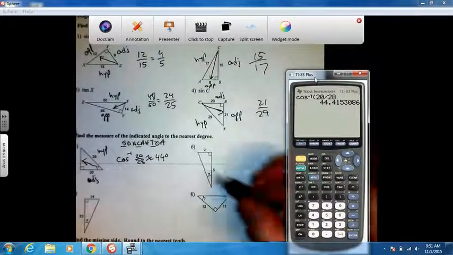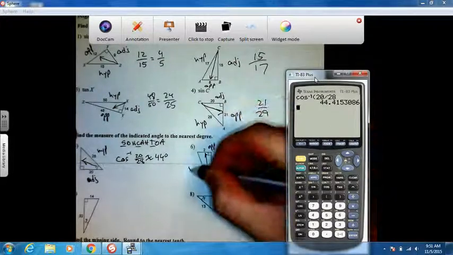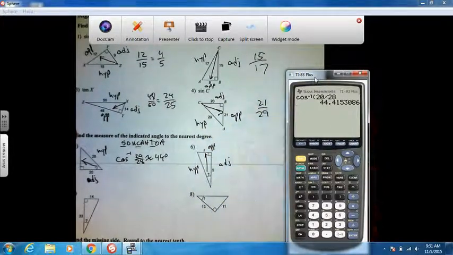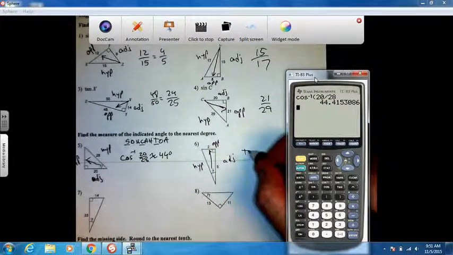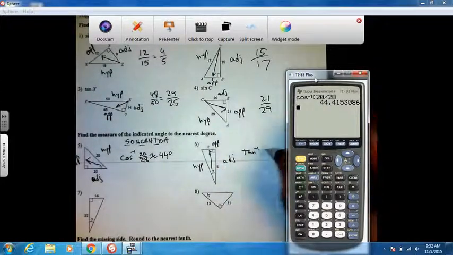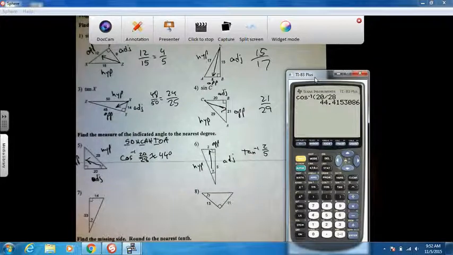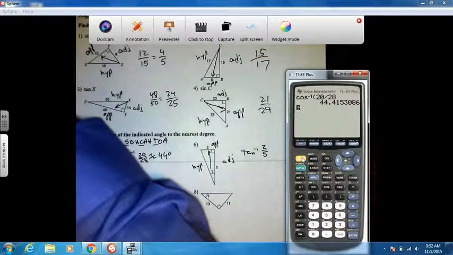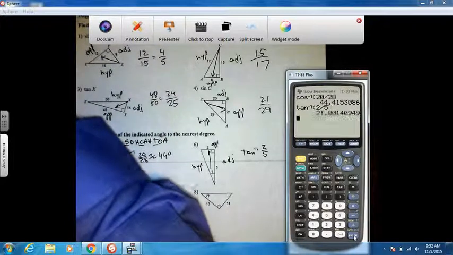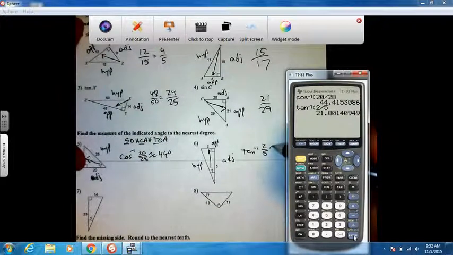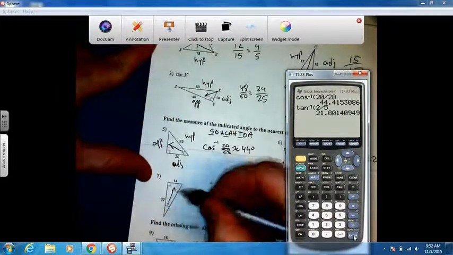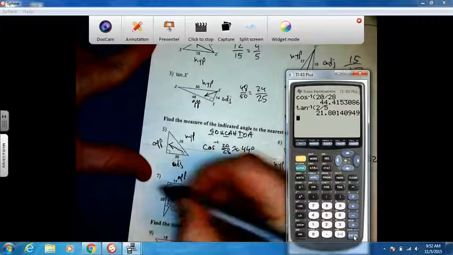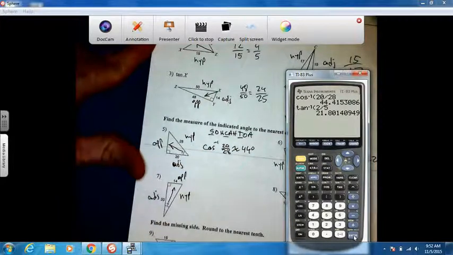Okay, so number 6 is opposite, hypotenuse, adjacent. We know opposite, we know adjacent. That is tangent. So, inverse tangent of opposite over adjacent, 2 over 5. So, calculator time, second tangent, 2 divided by 5 is about 22 degrees. Okay. Number 7, opposite, hypotenuse, adjacent, same thing.